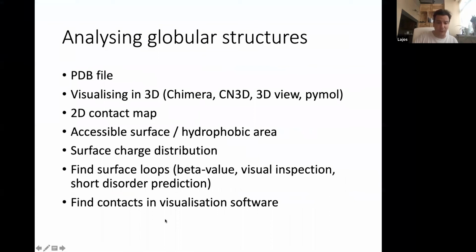Also, you can find contacts even with Chimera. You can define distances, and you can find hydrogen bonds and hydrophobic interactions, which can help you decide if an amino acid is important or not.